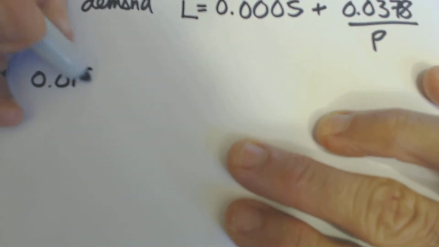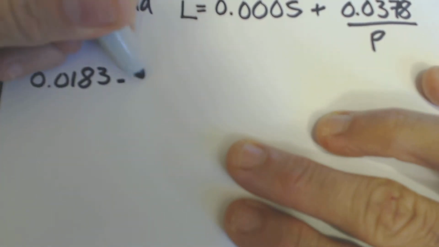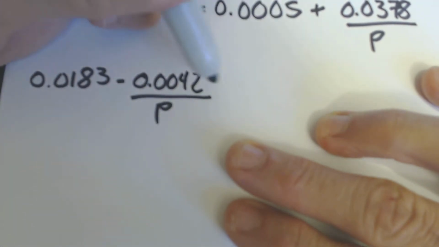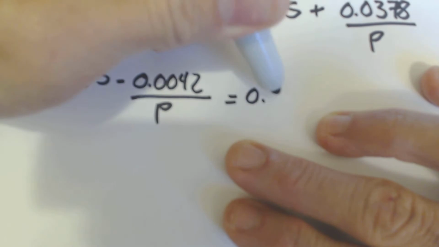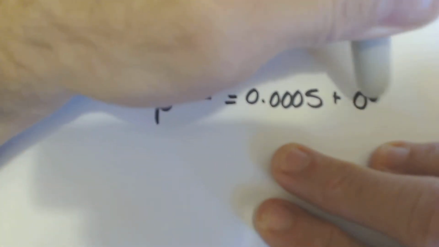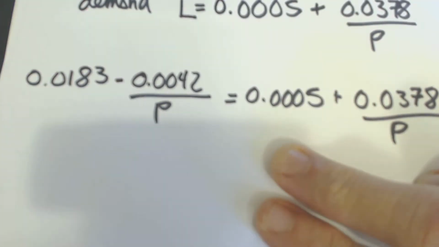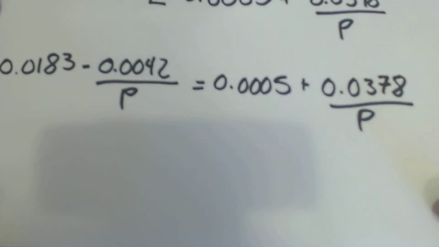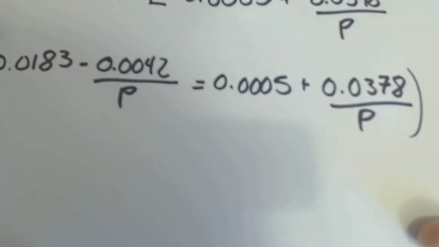Let me get it into the camera. There it is. 0.0183 minus 0.0042 over P is going to equal 0.0005 plus 0.0378 over P. So let's get the P's on the numerator.